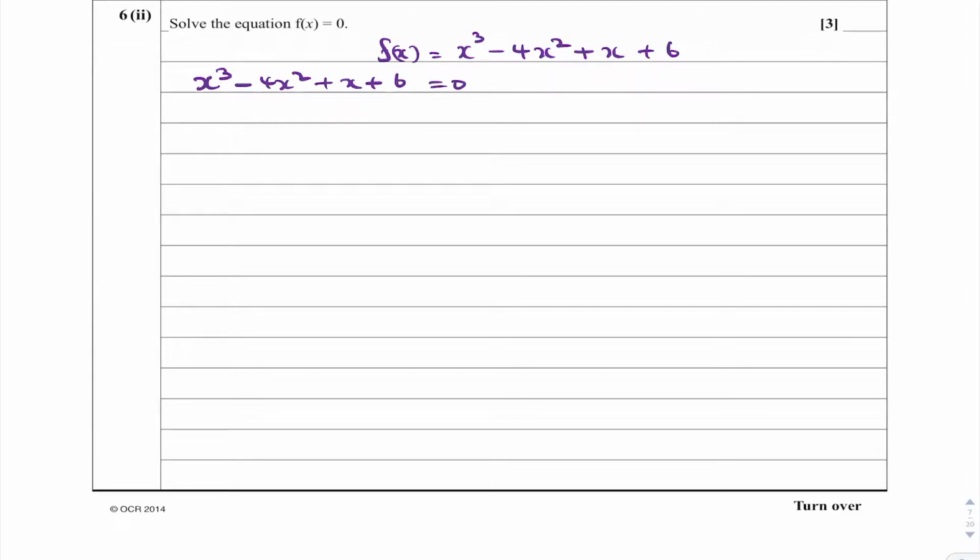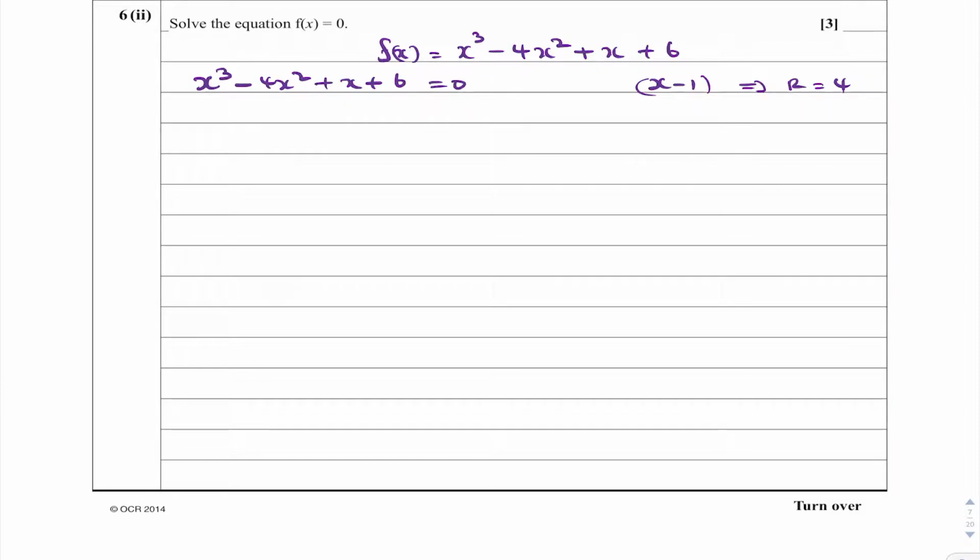But we do remember that x minus 1 was used to divide, and we got a remainder equal to 4. So we don't need to use that.